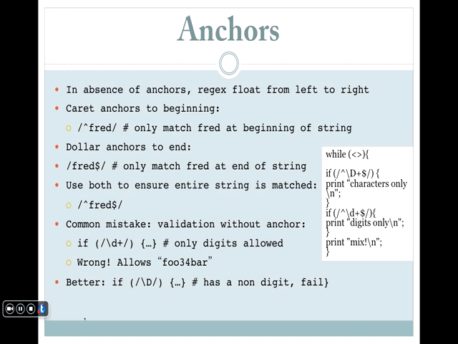If Fred appears in any other place in the string, I will not accept it as a right match. Now, how about if I want it specifically at the end of the string? In this case, I will put the dollar anchor at the end of my regular expression. As I said here, slash Fred dollar, so it only matches at the end.